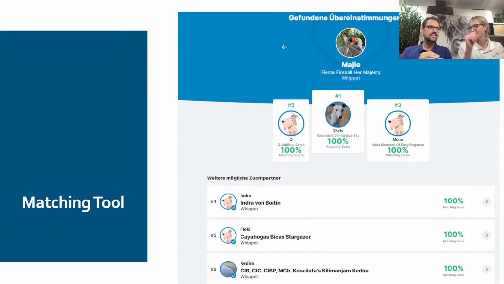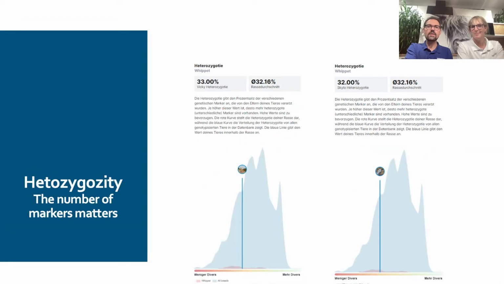Then we have the next step. The next step is the genetic diversity markers. You showed us these slides. So the heterozygosity shows how comparable my dog is with the others, and how many differences are in the DNA of my dog against other dogs.